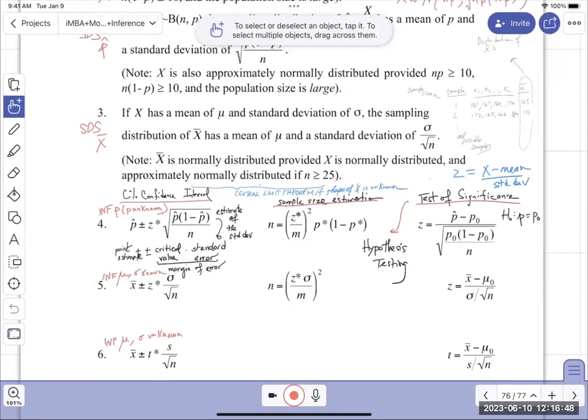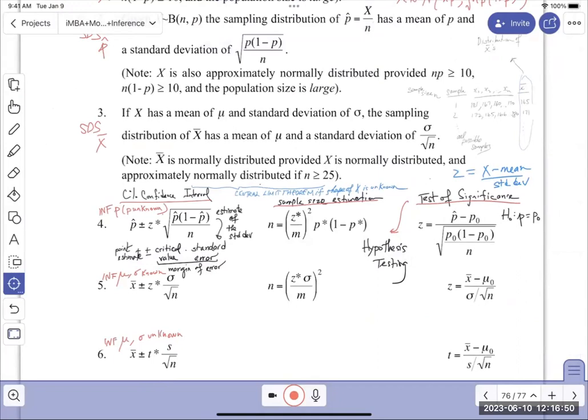I'll talk about the t-table some more as well. Any questions for me? So this is going to get very repetitive with a little twist here and there. I'm going to just do these 3 sorts of problems again and again.